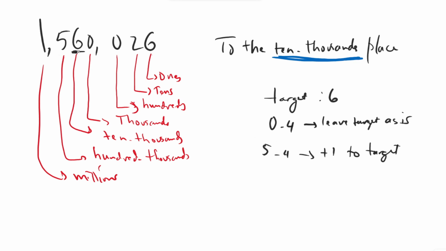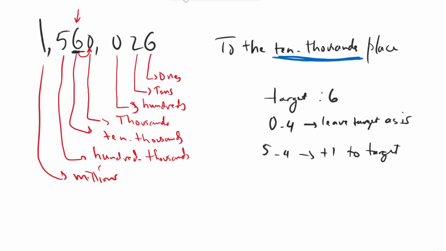Look at the number that comes after the 6. It's 0. This 0 is between 0 and 4, so we leave target as is. The target was the 6 here, and we're going to leave it as is.